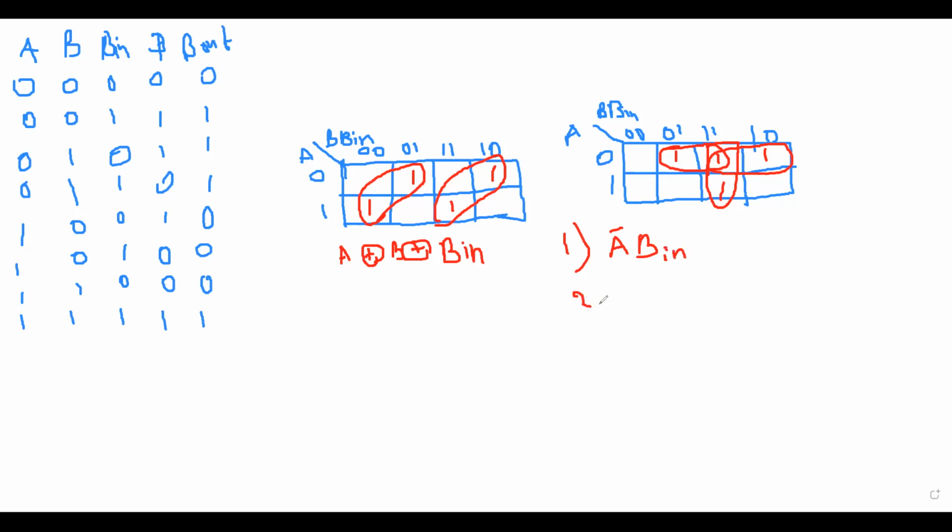For the second grouping, A is changing, so B, B in, ignore my handwriting. Then third grouping, another A bar, and here B didn't change and B in is changed from 1 to 0.